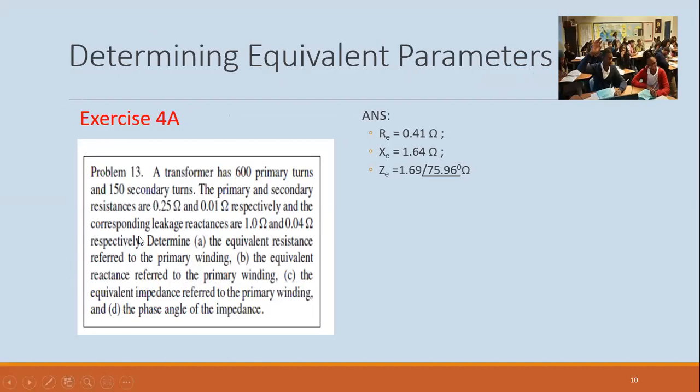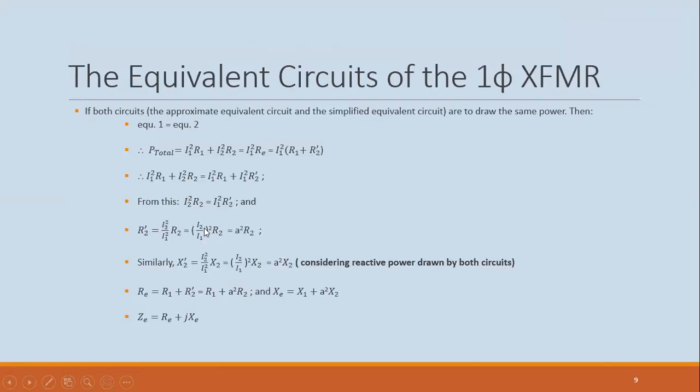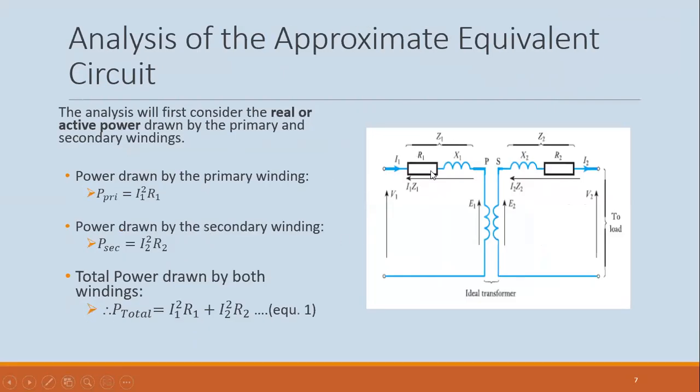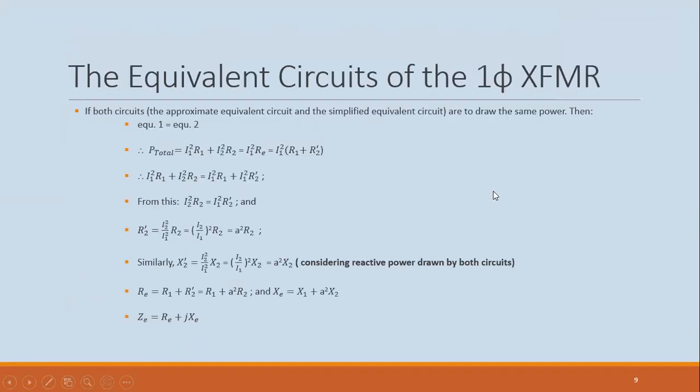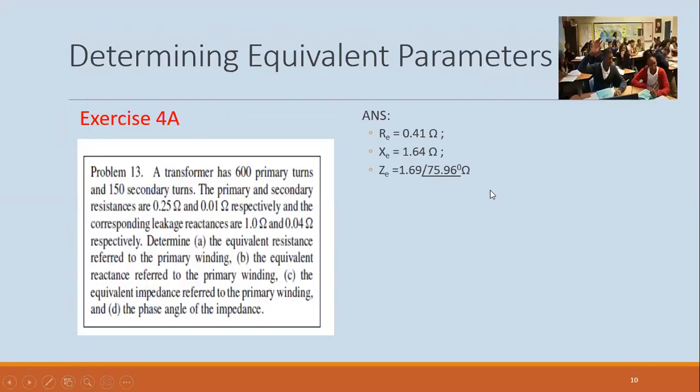So if I had put all the primary winding impedances onto the secondary, what I would have to do is divide by the turns ratio square. So referring from the primary to the secondary means I divide by the turns ratio square.